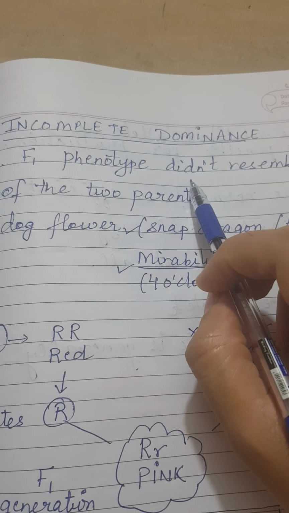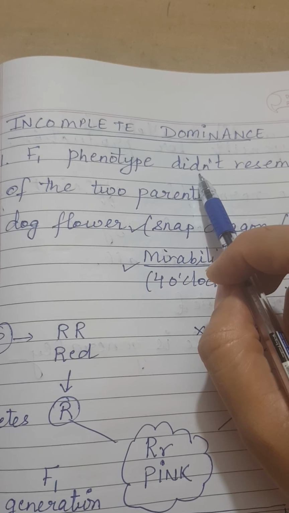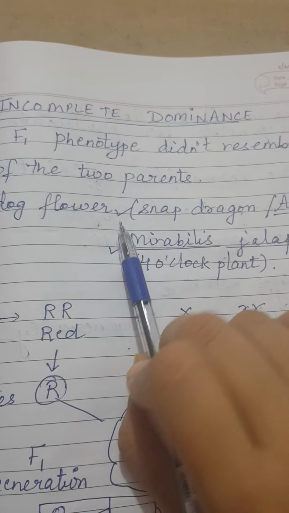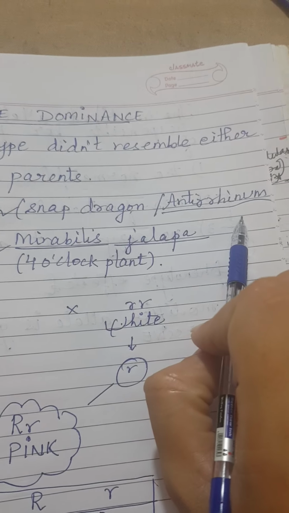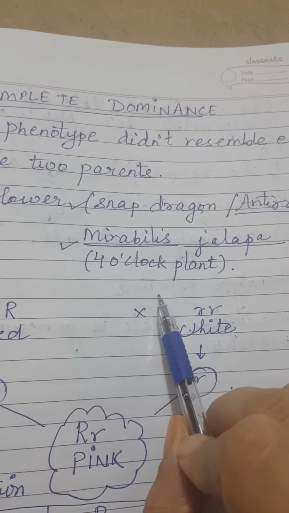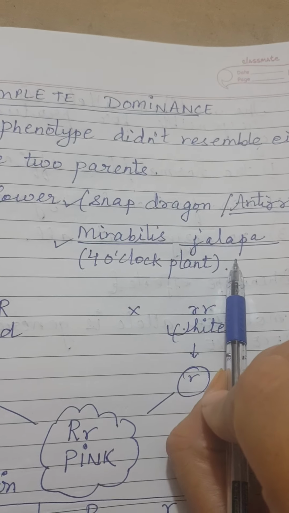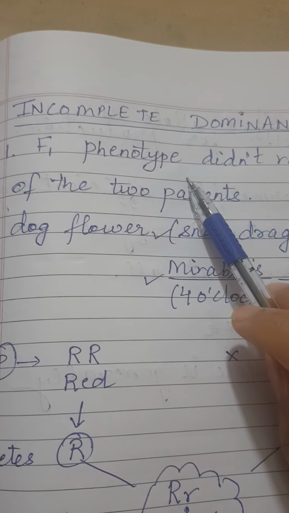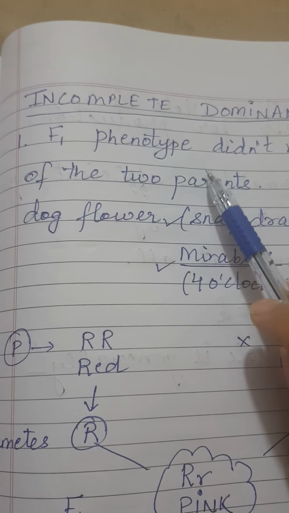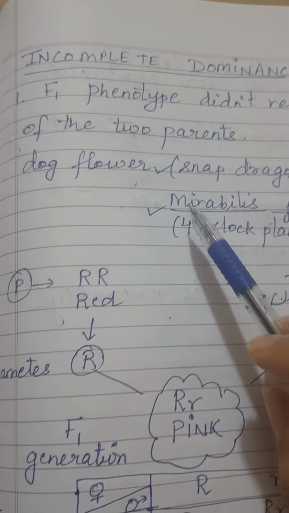But some scientists found that in dog flower, commonly called snapdragon, scientific name Antirrhinum, and in the four o'clock plant, Mirabilis jalapa, the F1 phenotype didn't resemble either of the parents. So let us look at it.